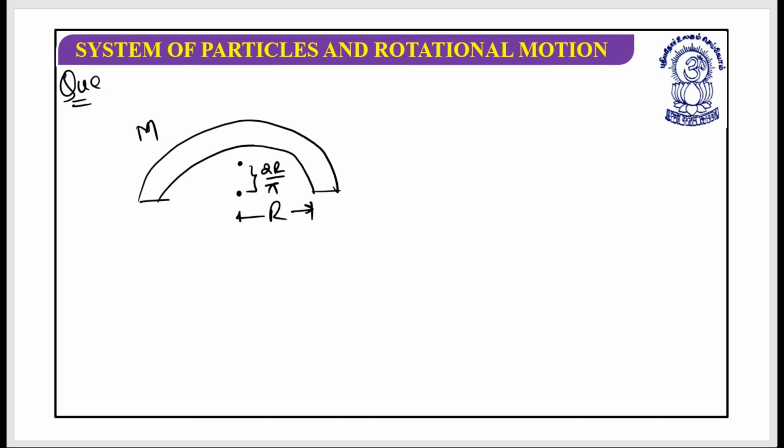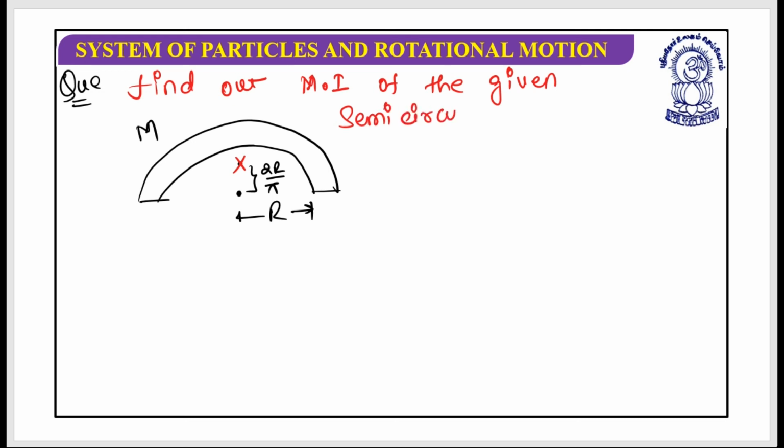Let's suppose a certain axis has been passed through this. From here it's a, when I make a cross, it means it is perpendicular to the plane of the paper, that you understand now. What they want is to find out the moment of inertia of the given semicircular ring from its center of mass.